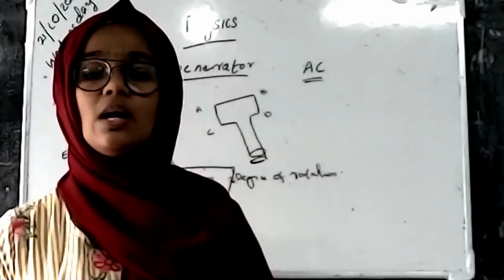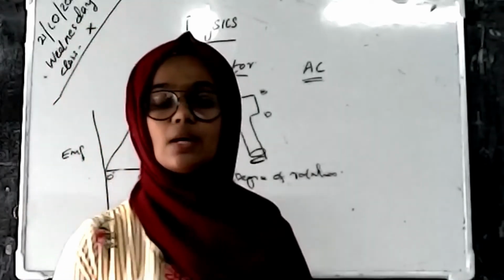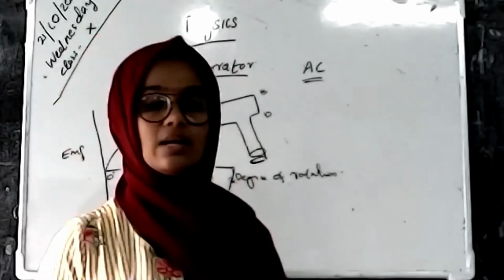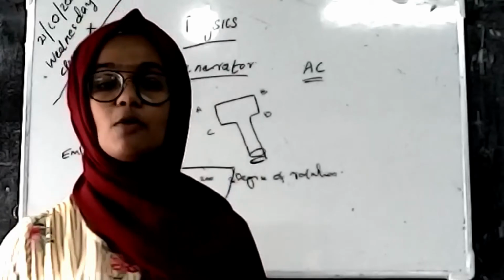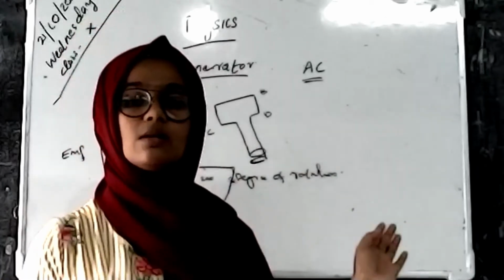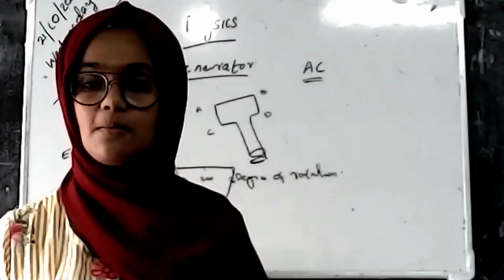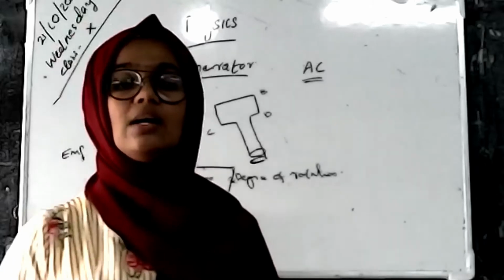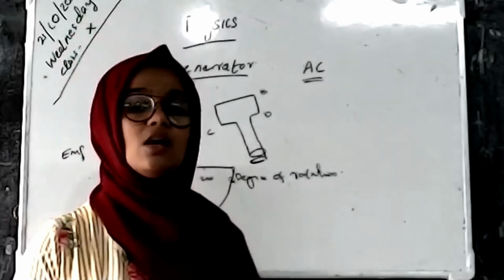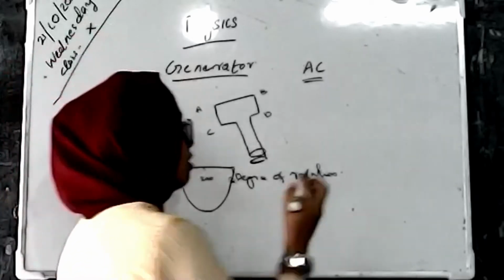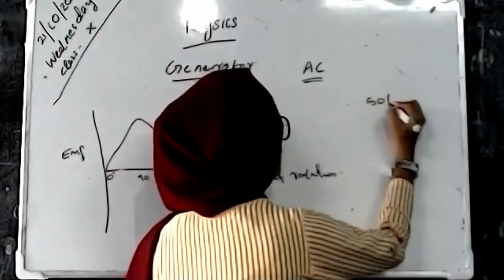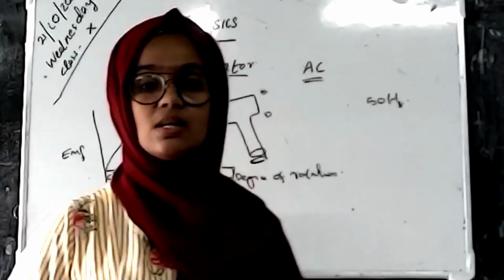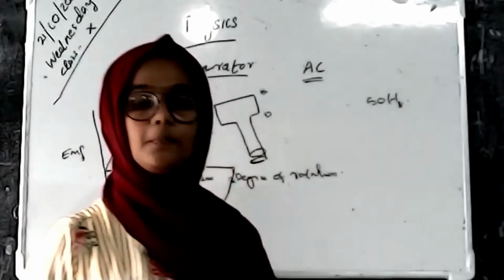When working an AC generator, we need motors giving mechanical energy to the generator, and we use petrol or diesel for the mechanical energy, and this mechanical energy is converted into high electrical energy. 15 Hertz is the frequency of one AC cycle.